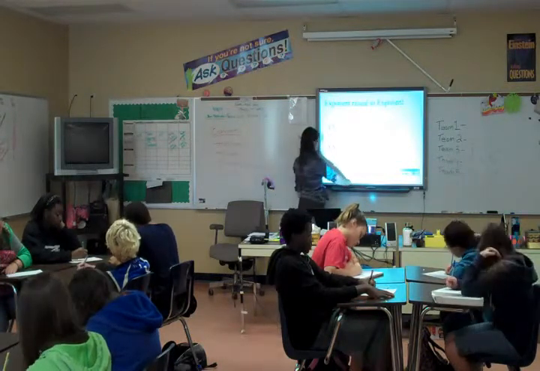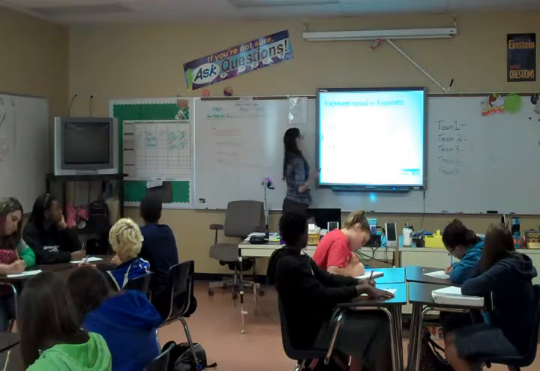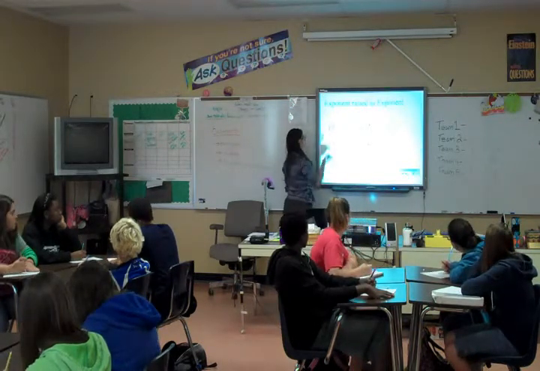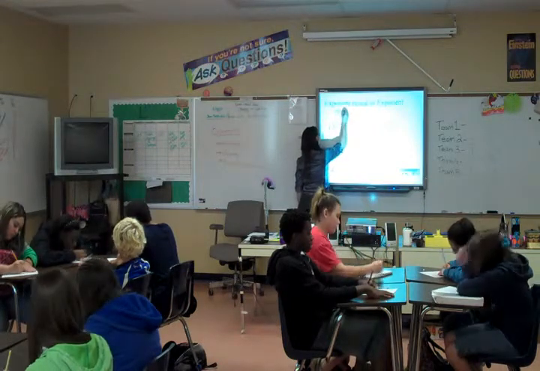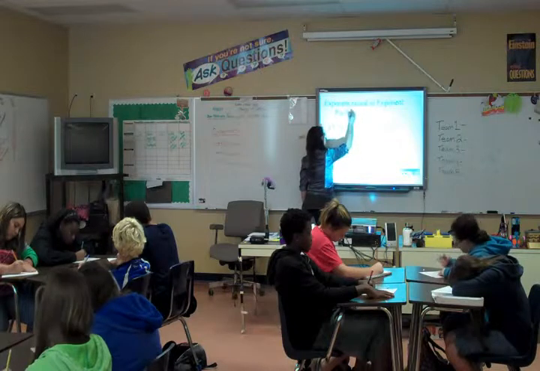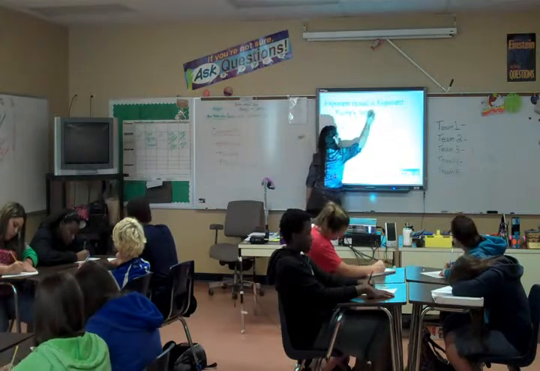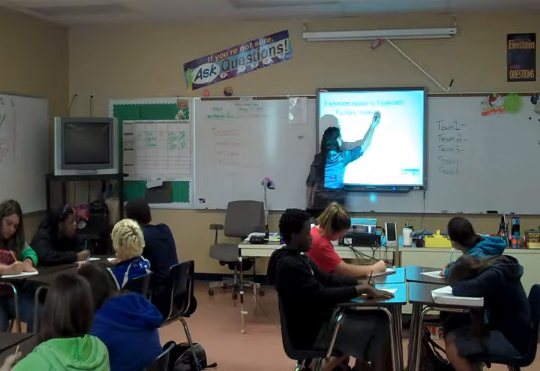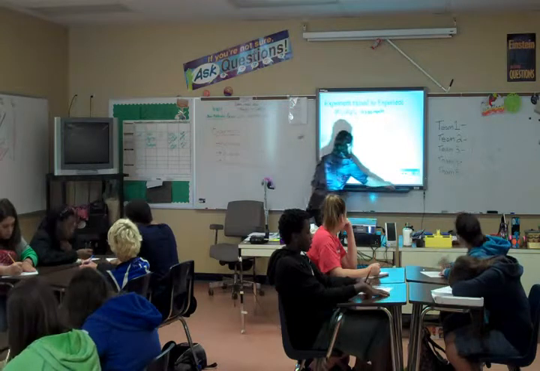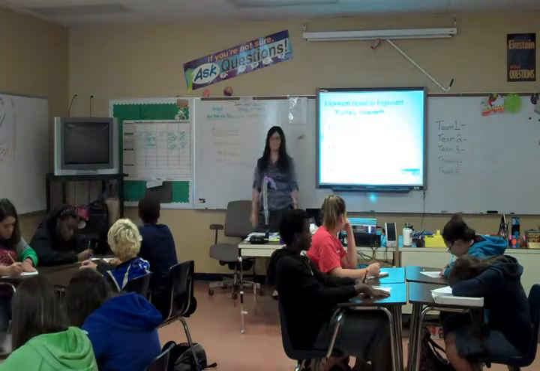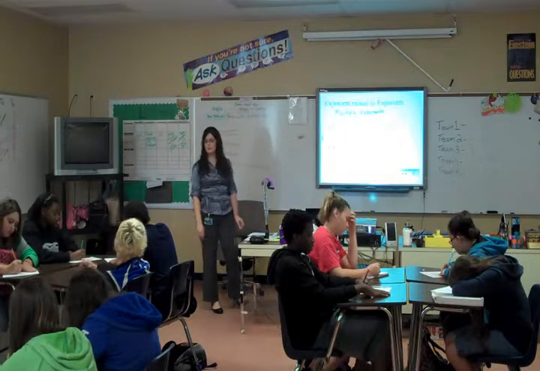So on your notes, go ahead and write down: exponent raised to exponent, then you multiply exponents. Okay? Alright, make sure you have that down on your notes so you can look back onto it.